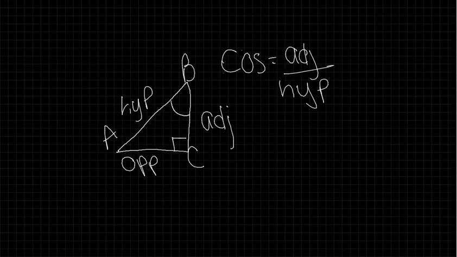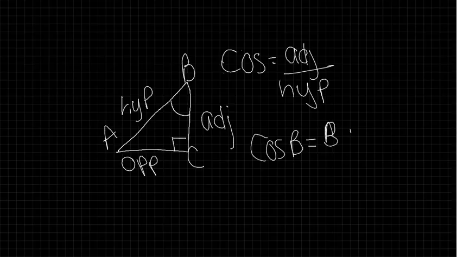So cosine of B, more specifically, cosine B would equal BC, let me just rewrite that, over AB. So that is your adjacent over hypotenuse.